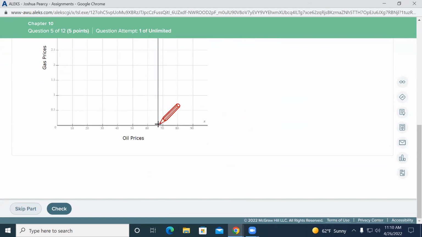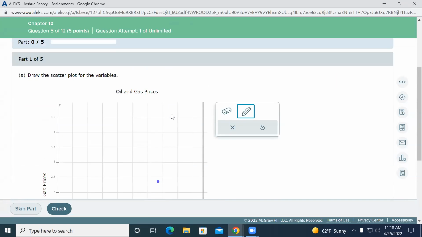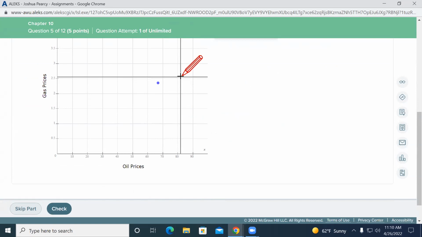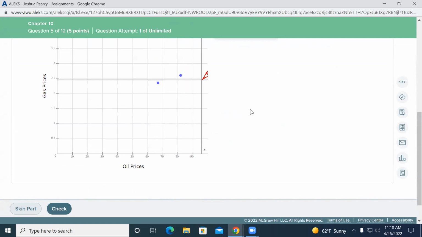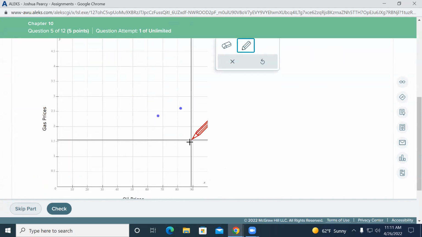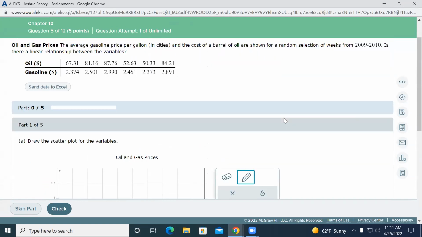Okay, so 67, about right here, and 2.3, probably somewhere right there. 81.16 and 2.5. 81, so probably right here, and 2.5, so probably right around here. 87.76 and almost 3. 87, so probably around here, and almost 3, so probably right there.